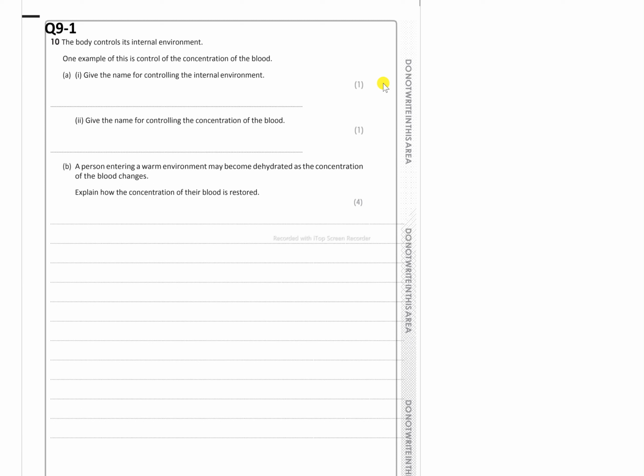The body controls its internal environment. One example is the control for concentration of the blood. Give the name for controlling the internal environment. It's called homeostasis.